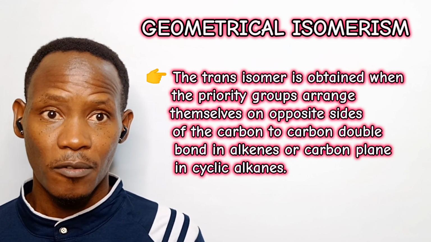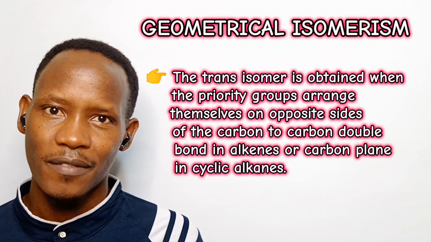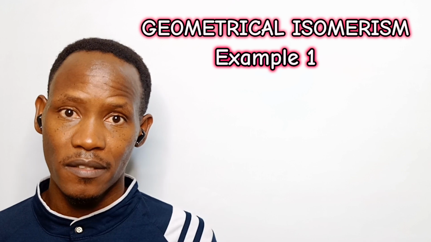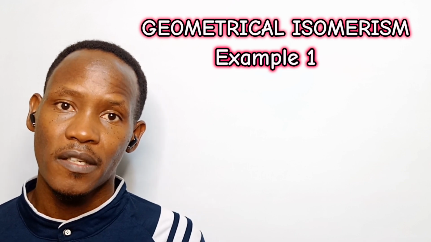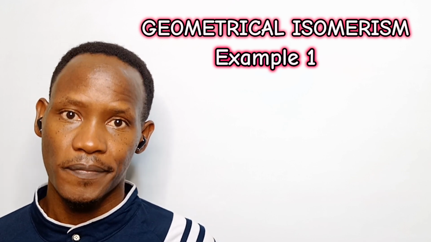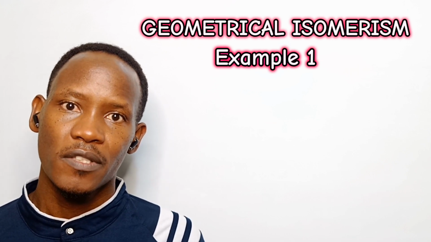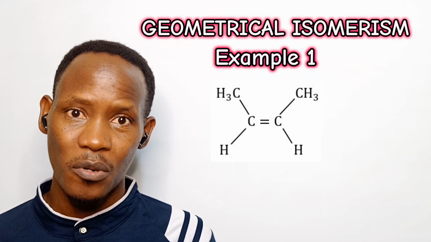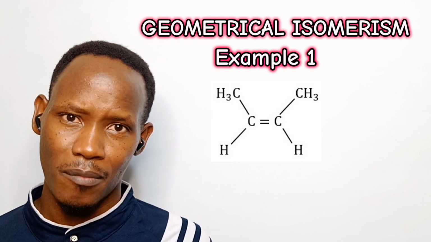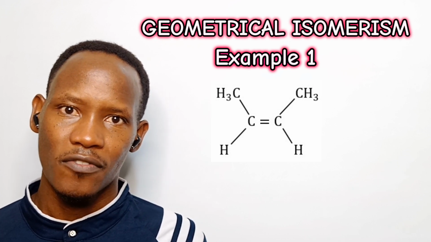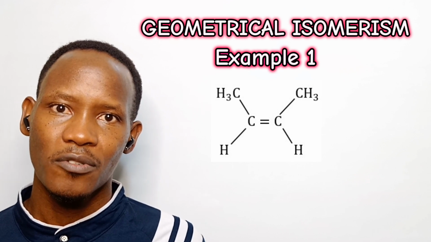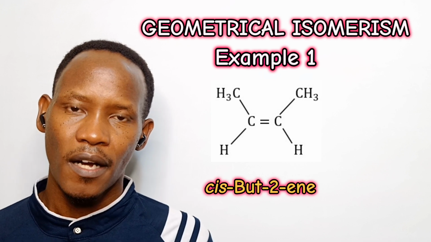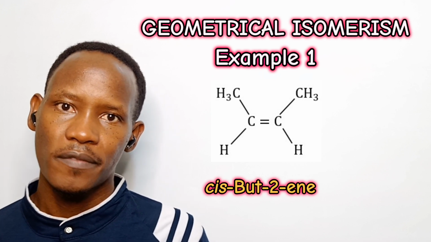To illustrate the words cis and trans, I have two examples here. The first example displayed beside here is derived from the alkene but-2-ene. On a close analysis, the two methyl groups can be oriented on the same side of the carbon-carbon double bond, and therefore we obtain the cis isomer that has been named there as cis-but-2-ene.